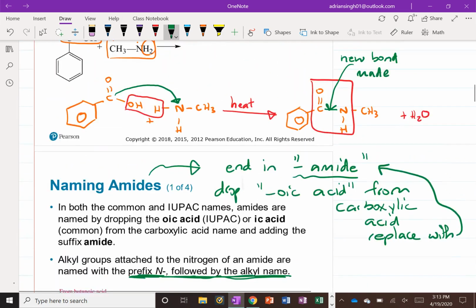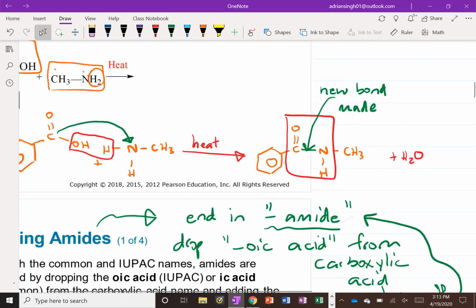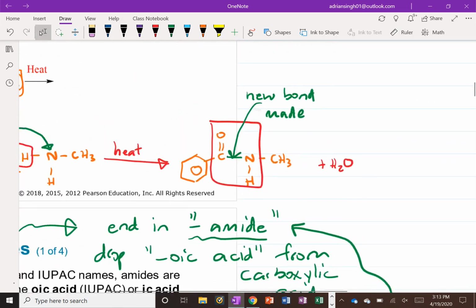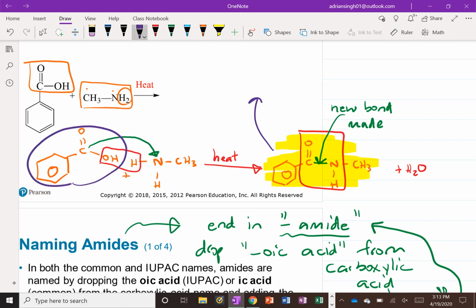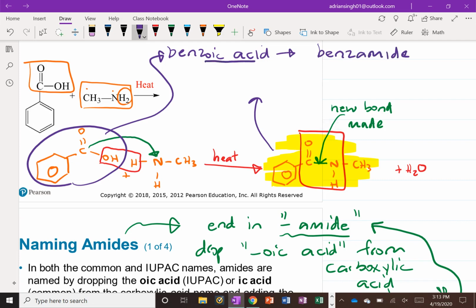All right, so if we go back up here to the example that we just drew, I'm just going to highlight our amide. We're going to name this systematically. All right, the acid here was benzoic acid. So as a last name now, as an amide, that would become benzamide. All right, we're dropping the oic acid.